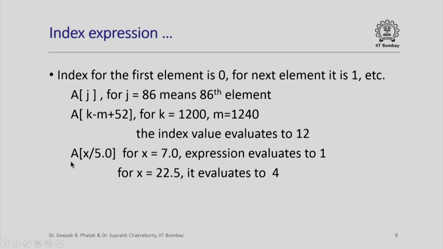I may even say a[x/5.0], which is actually a floating point expression. If x is 7.0, the expression evaluates to 1 because the result is always converted to an integer value. Similarly, for x equal to 22.5, it will evaluate to 4. Of course, it does not make sense to use floating point expressions in index expressions.